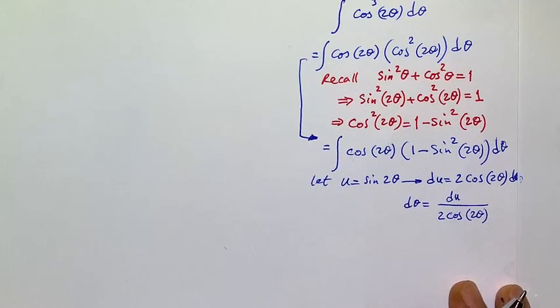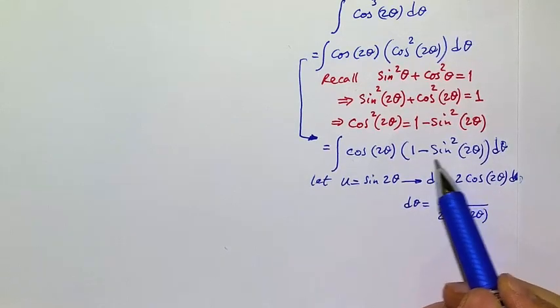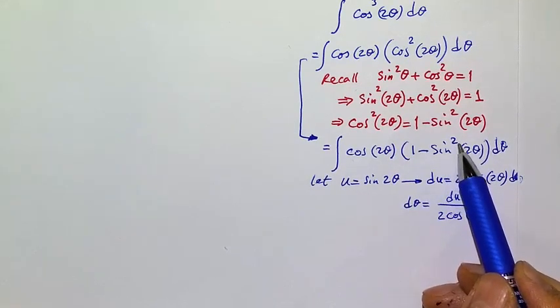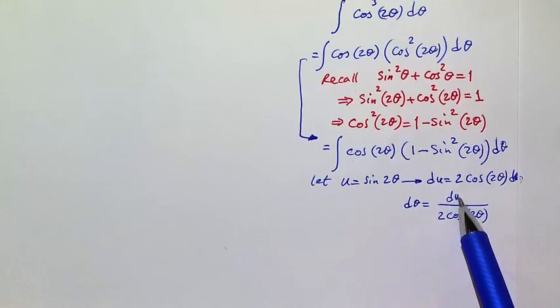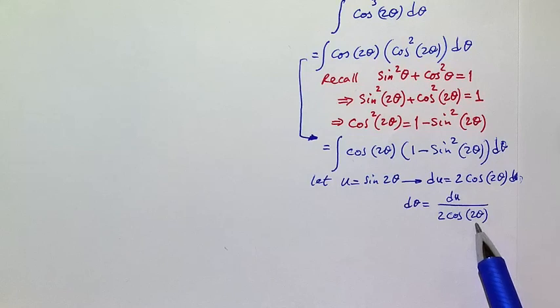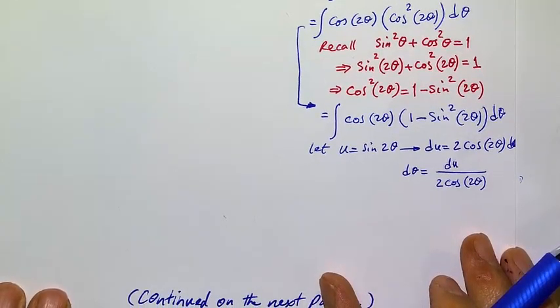So we found a substitution for here. We'll have 1 minus u squared, and then d theta will be du over 2 cosine 2 theta. So let's substitute in this integral with what we have.